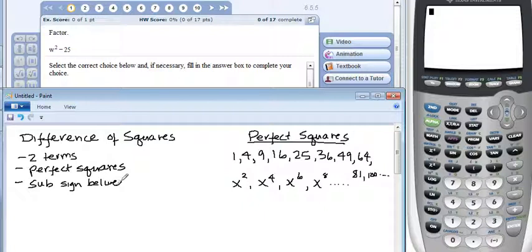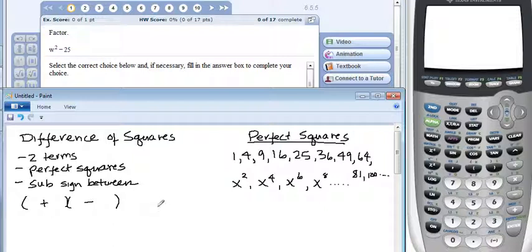Okay, then it qualifies. Difference meaning subtraction of squares. Here's a difference of 2 squares. Okay, so these all work out to be 2 binomials with 1 plus and 1 minus, and we take the square root of the front term in the front, and we take the square root of the back term in the back. Okay?